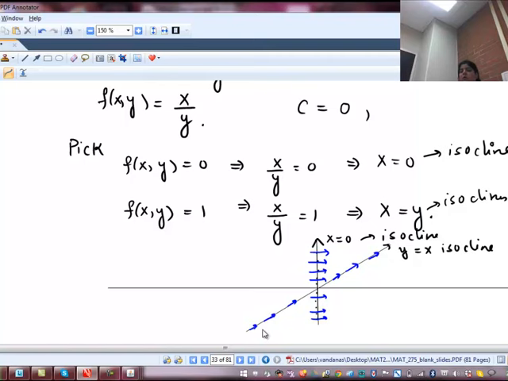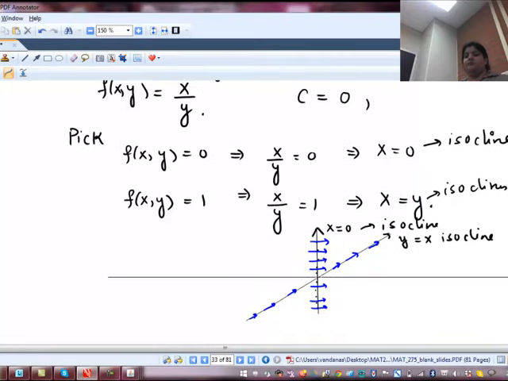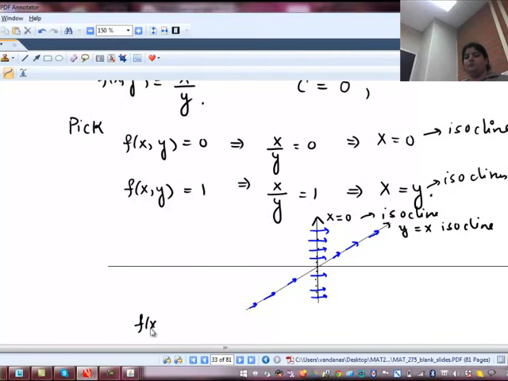Okay, what will happen if my slope is -1? It will imply x over y is -1, which implies x is equal to negative y. So y equals negative x. Right?